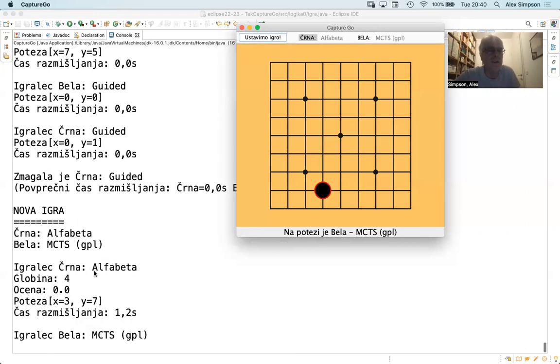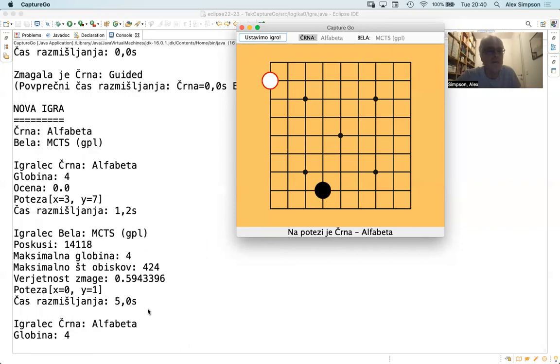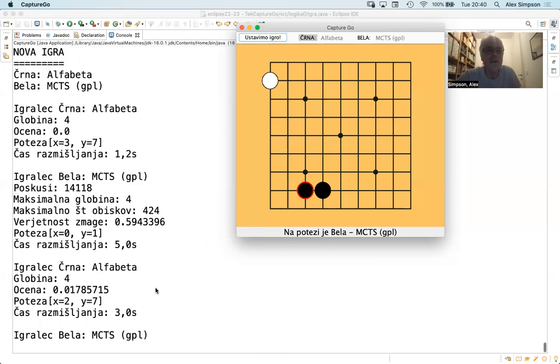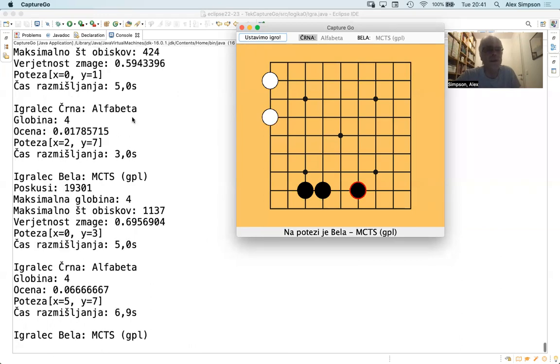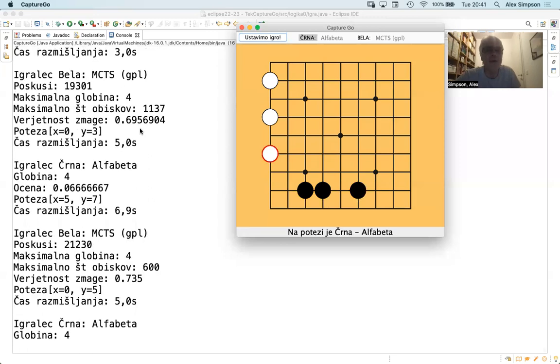Okay, so we're starting a new game. Alphabeta is taking 1.2 seconds for its first move. Monte Carlo tree search is playing like this. Because I've got so much working in the background, it's actually doing many fewer runs than it normally does when I play it against the alphabeta.